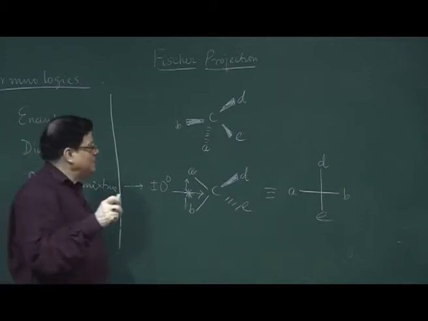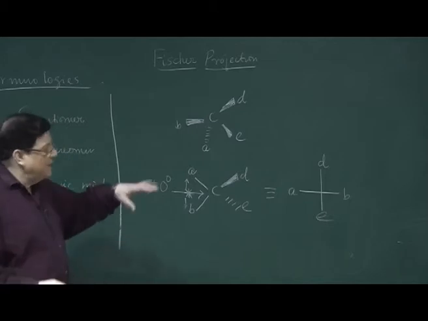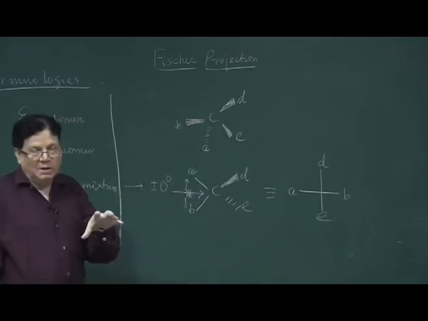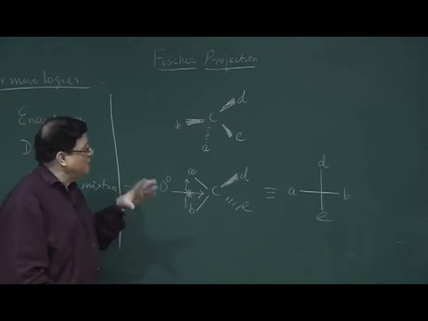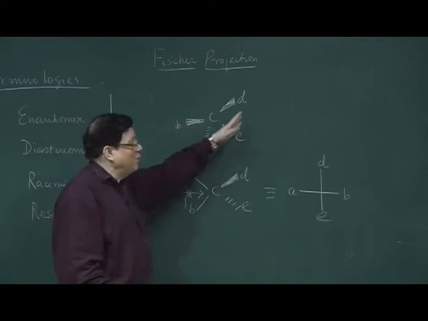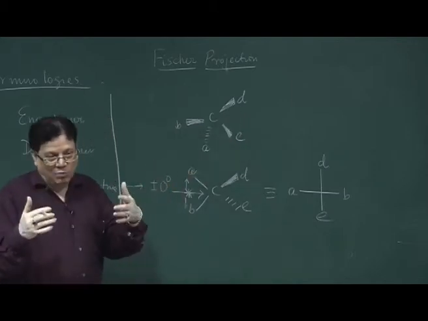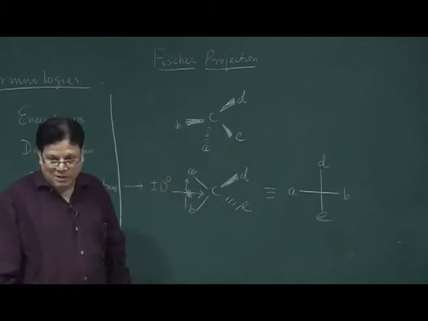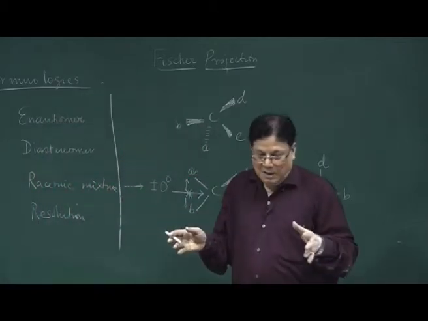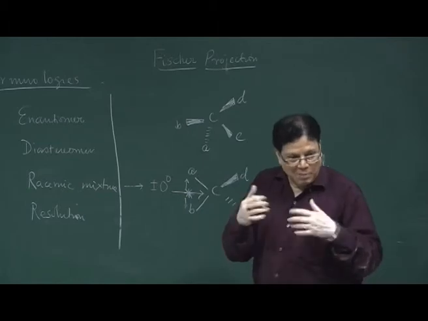The simple way, as I said, is do not turn the molecule. Best is that the observer positions himself or herself in such a way that the molecule looks exactly like what it is before drawing the Fischer projection. That means the horizontal bonds should be above the plane and the vertical bonds should be below the plane.